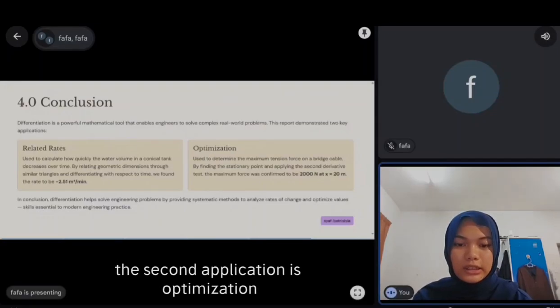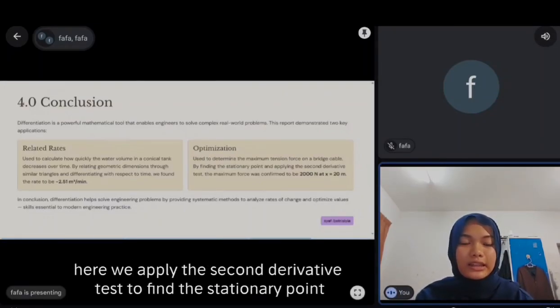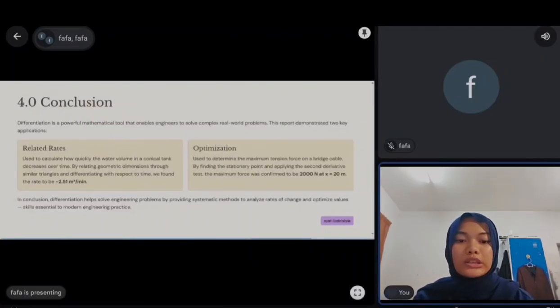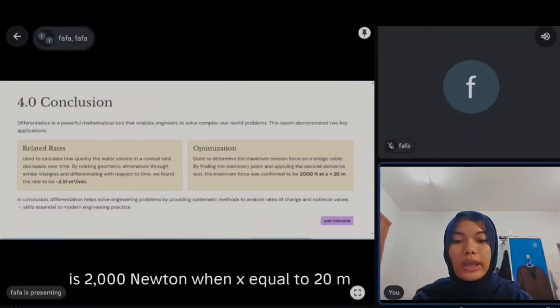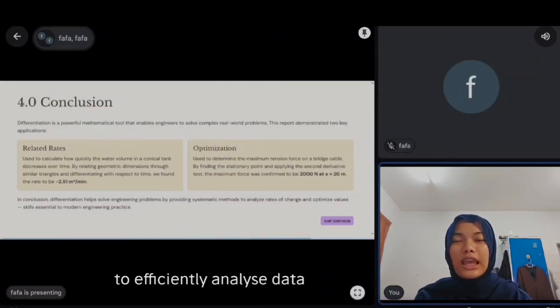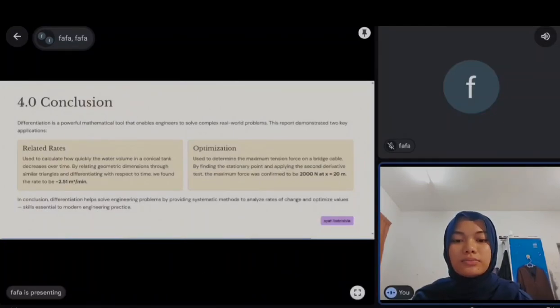The second application is optimization. Here, we applied the second derivative test to the stationary point, which confirmed that the maximum tension force on the bridge cable is 2000 newtons when x equals 20 meters. In short, these methods are crucial for any modern engineering practice to efficiently analyze data and optimize structural designs.